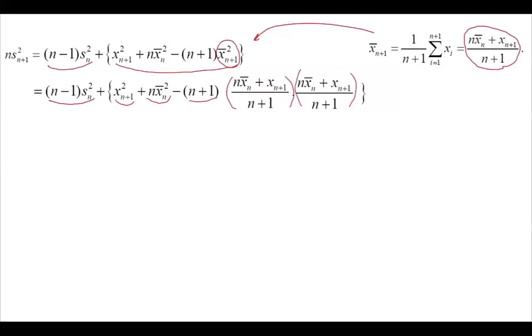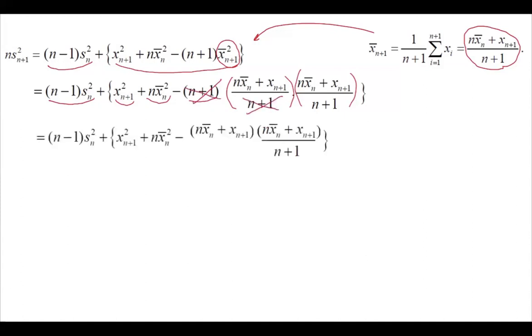At this point, you can cancel out the common factor n plus 1, and it becomes n minus 1 times Sn to the second plus xn plus 1 to the second plus n xn bar to the second minus n xn bar plus xn plus 1 times itself divided by n plus 1.